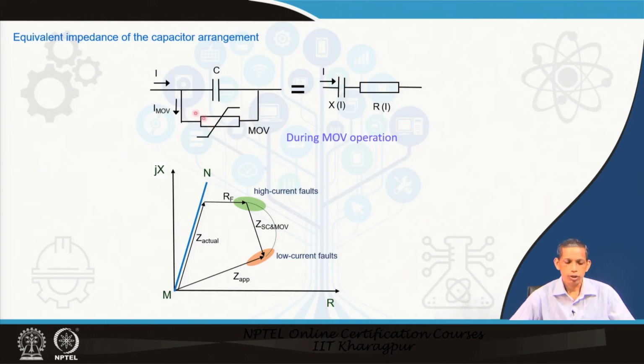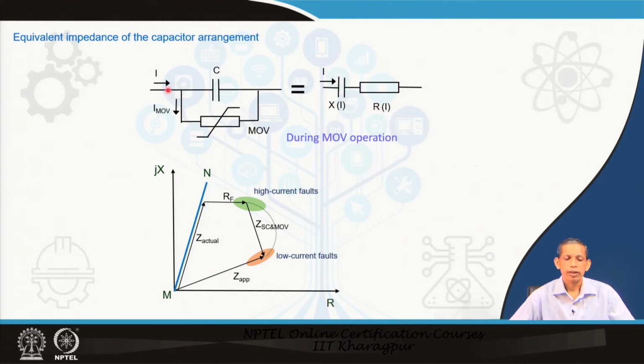Therefore, the equivalent of this part during the transient process, during the fault in the system, becomes equal to this, where the MOV offers a resistive part. So this is an RC combination. The equivalent impedance will now be R and X, where both R and X are a function of the current in the system.